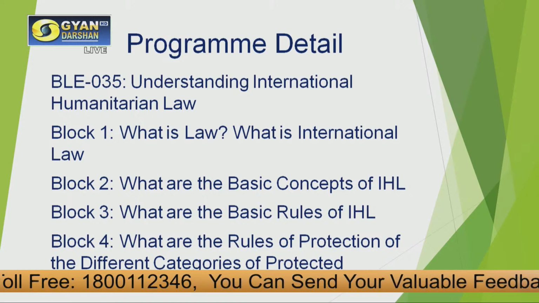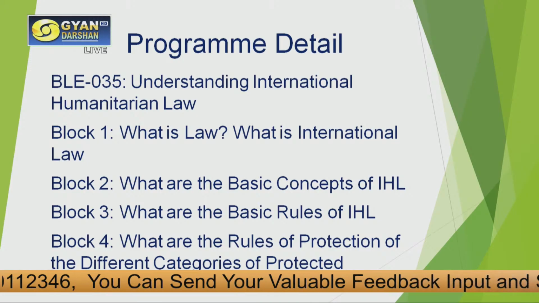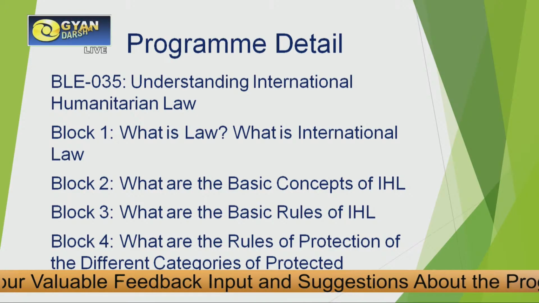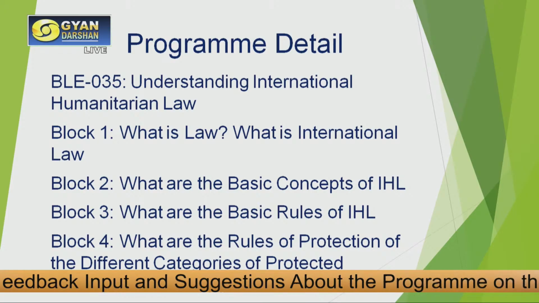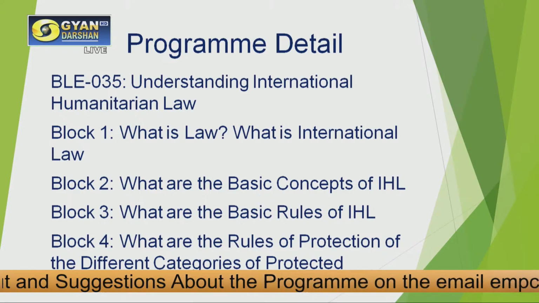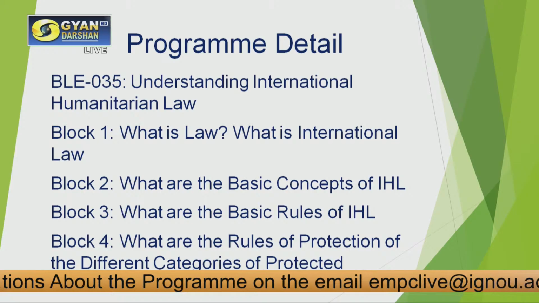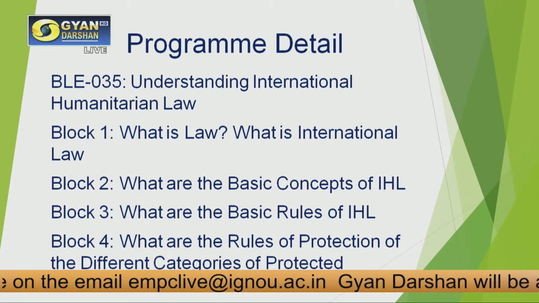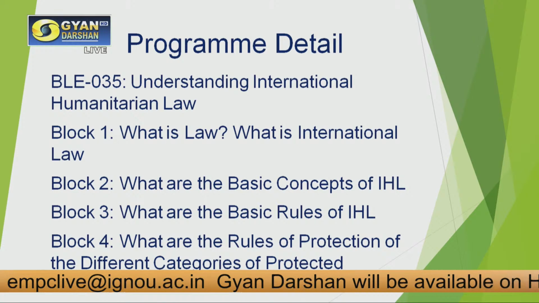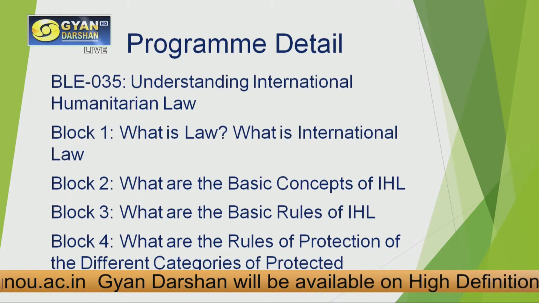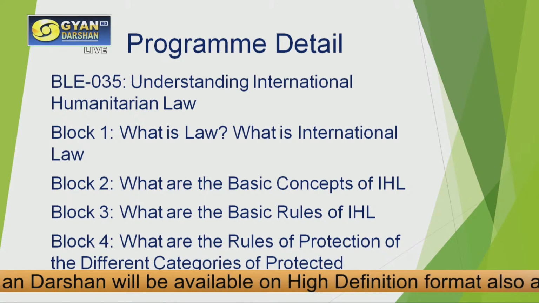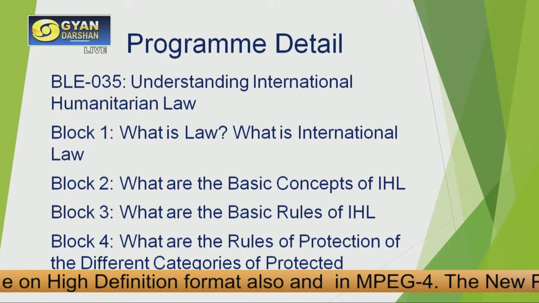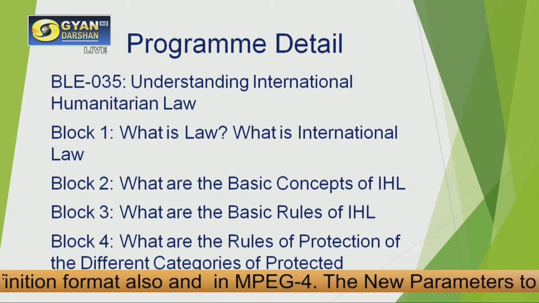The objective of the program is to give a basic idea of these terms. First, we explain what is law, because this program is developed for non-lawyers, people who don't have any background in law. So the first unit discusses the concept of law, then international law, then international humanitarian law.